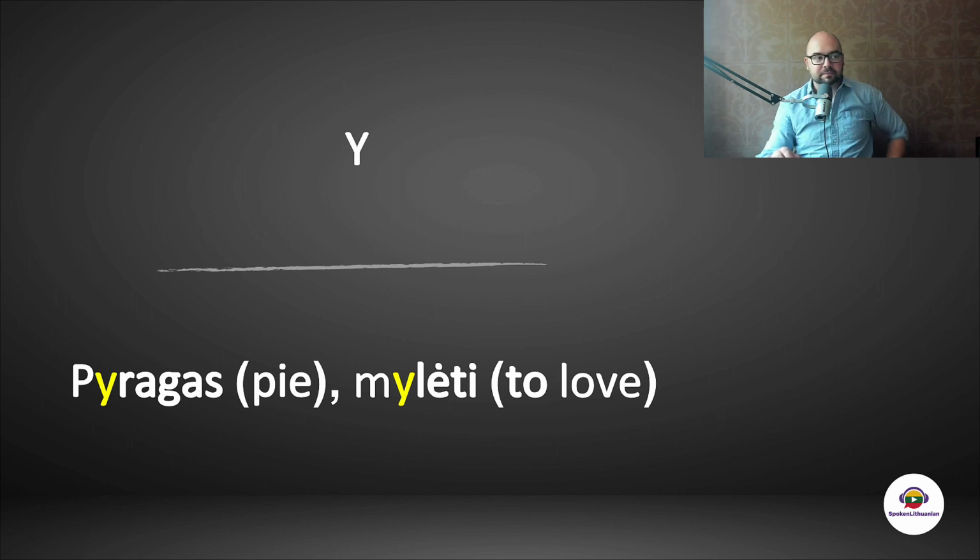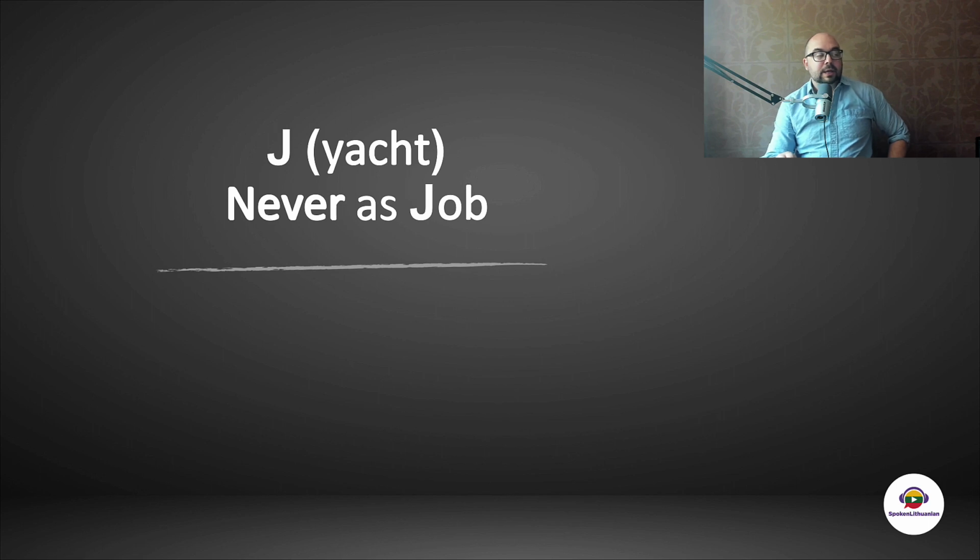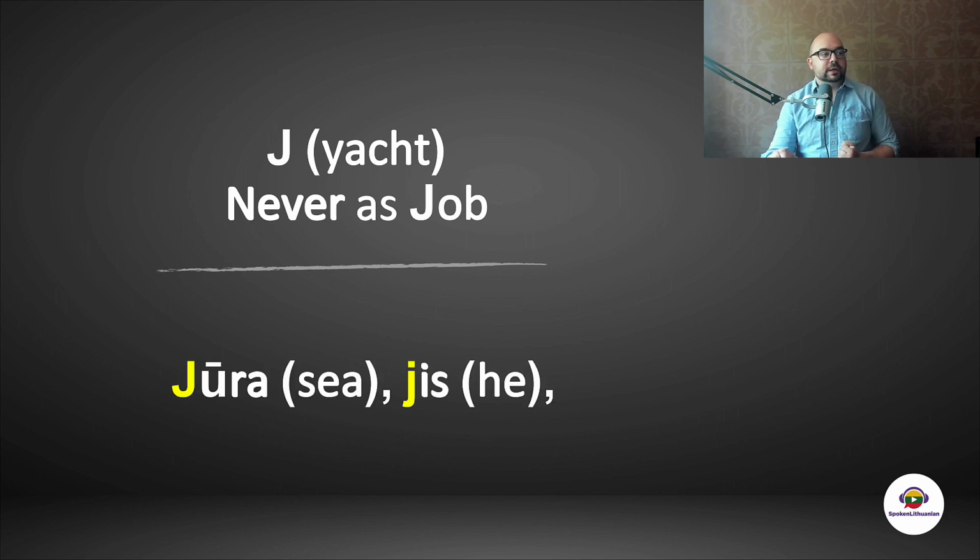Like mylėti, to love. Now J. And J is never as in job in Lithuanian language, it's as in yacht, for example. It's like yes, like the word yes. So jūra, not jūra, see, jūra, like yes, jūra. Remember, like yes, basically the sound.